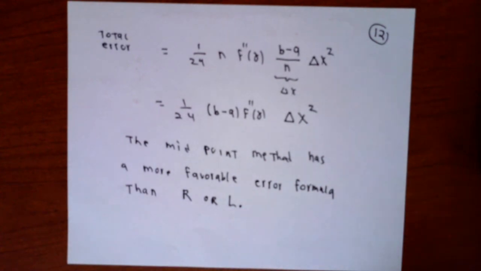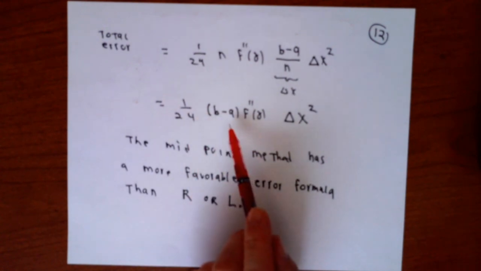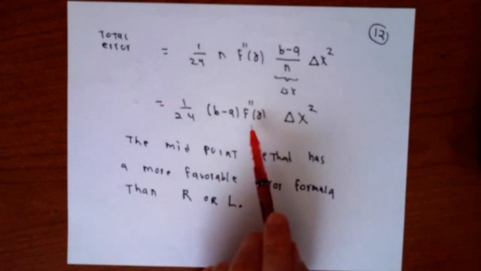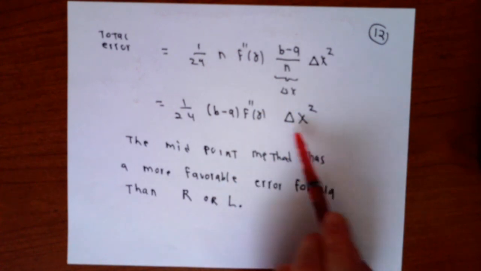So finally, factor out one of those three delta x's and write it as b minus a over n. You can use that to cancel the n out. The global calculus error in doing midpoint is 1 over 24 times the width of the interval times some value of the second derivative times the square of delta x.